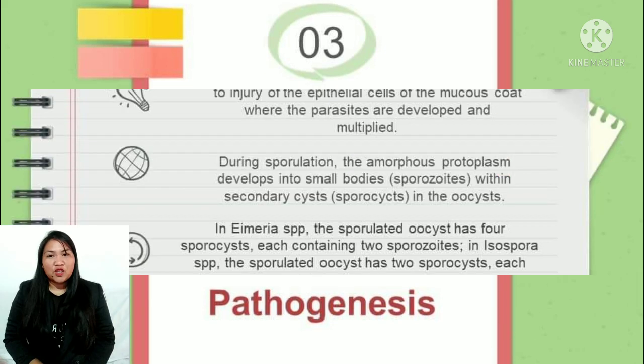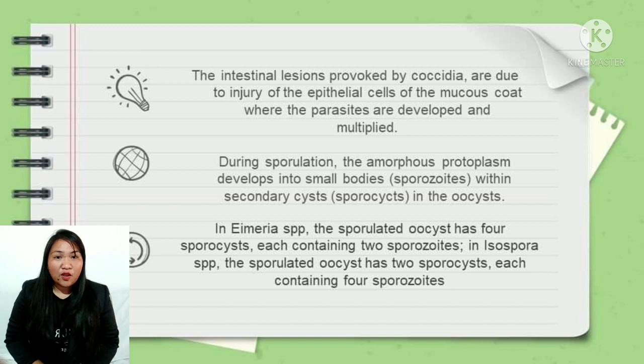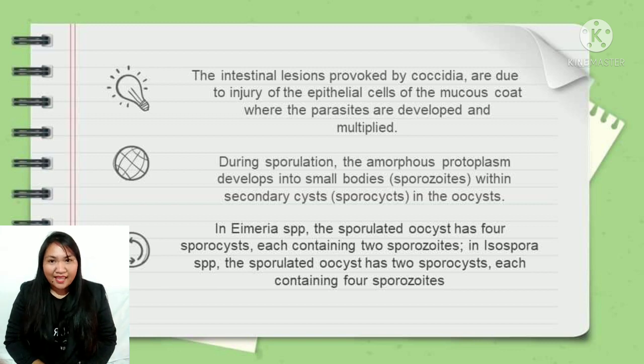Pathogenesis. Infection results from ingestion of infective oocysts. Oocysts enter the environment in the feces of an infected host, but oocysts of Eimeria and Isospora are unsporulated and therefore not infective when passed in the feces.